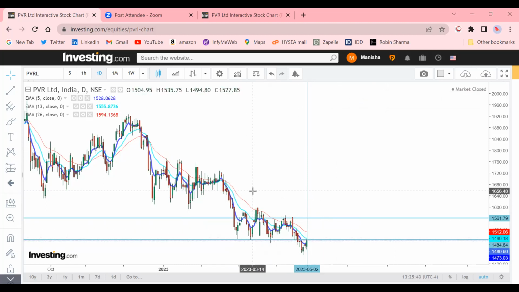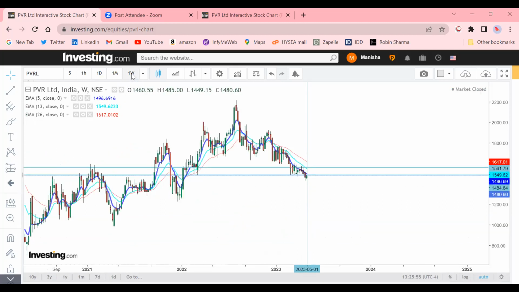But there's only one. I'm supposed to have two, no? You can change the view to weekly and look further. You can have a wider view of the stock. Look here, there is one more support, the next low below the second line you have marked.